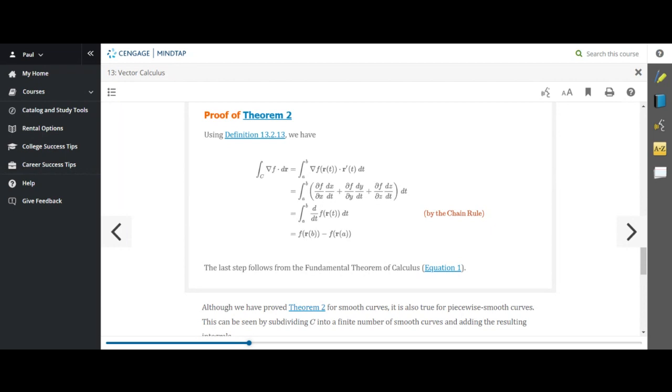One moment. Yeah. So I go to the whiteboard here, and I have a function that's evaluated at r of t, right?